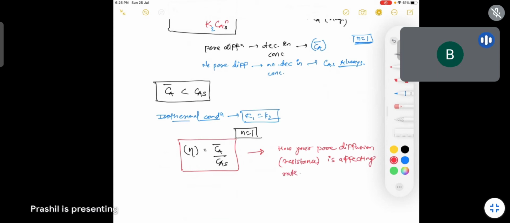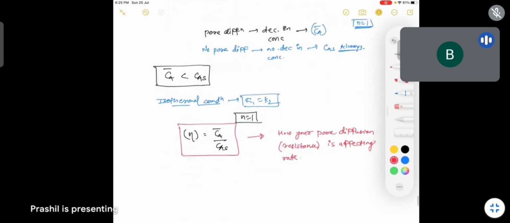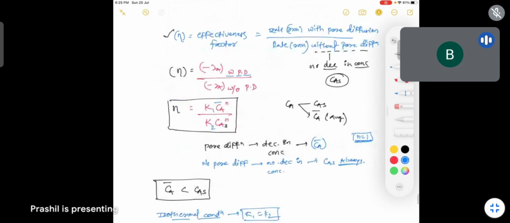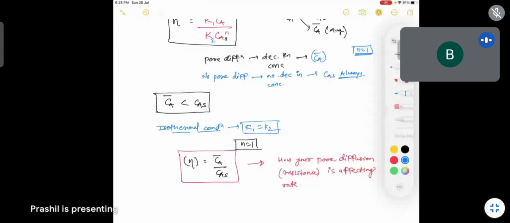So you can write it as, with pore diffusion, your actual case, so minus Ra actual divided by minus Ra ideal, you can say. This could be a formula, right? How your pore diffusion is affecting your rate, or how your concentration is going to decrease because of pore diffusion, right? So I hope you are clear with this.